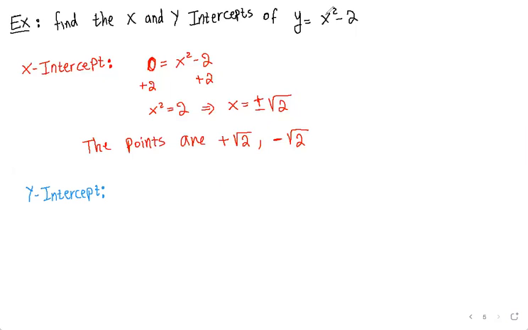So you plug in x equals 0, and I get y equals 0 squared minus 2. So this means y equals negative 2. So I have only one y-intercept, y equals negative 2. I have only one point. But here I have two points.